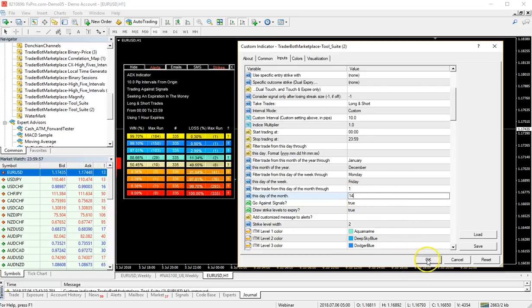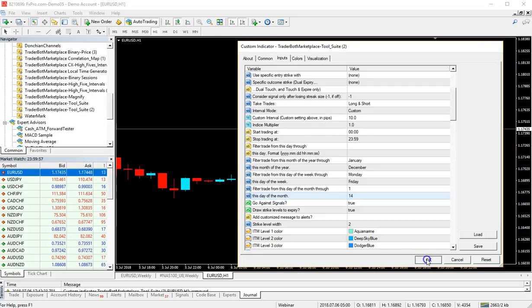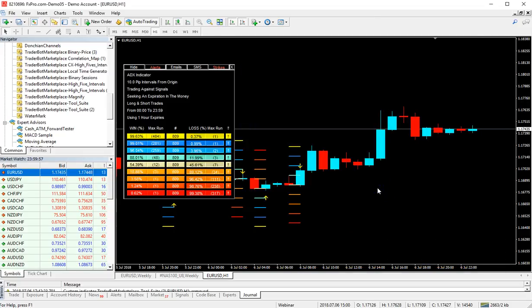Any trades that come after the 14th, we're not even going to look at them. And you can see how the percentages changed. And actually, this is a pretty good percentage right here that I'm seeing, because an 88% in the money rate is pretty darn good in my book.